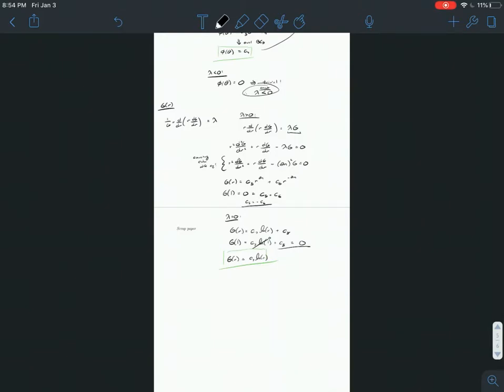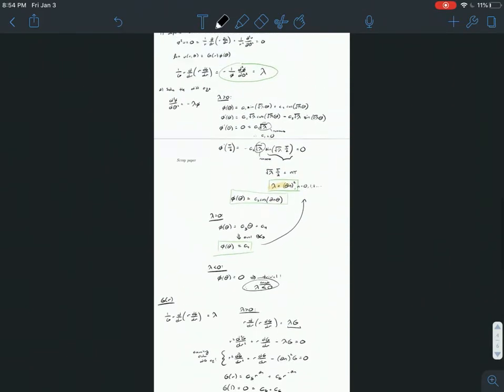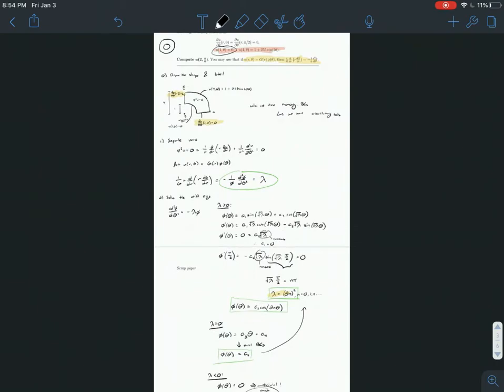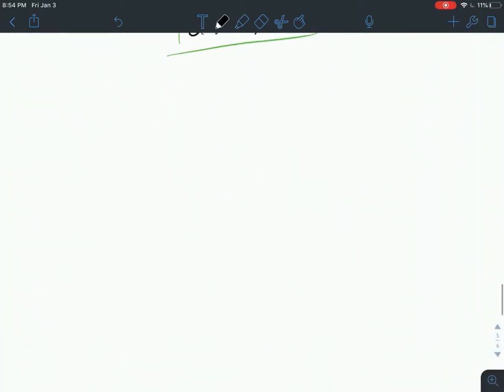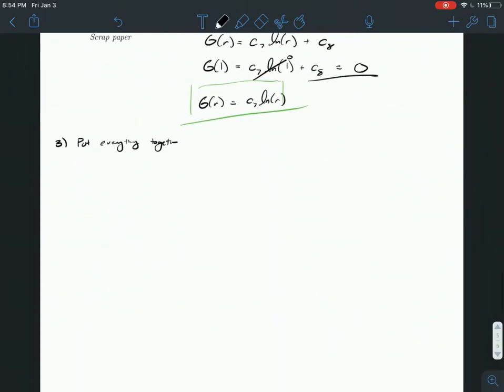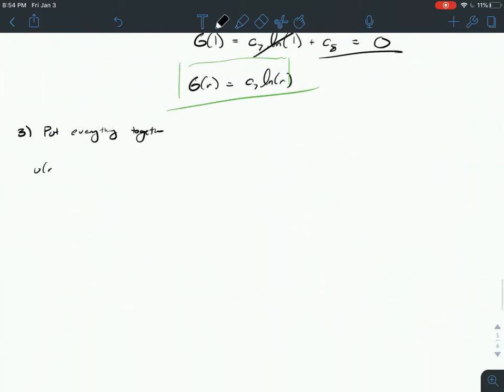Okay, so now we have differential equation solutions for g and for phi. And now it's time to put everything together. In step 3, put everything together. Okay? So remember that we initially defined u of r theta to be g of r times phi of theta.